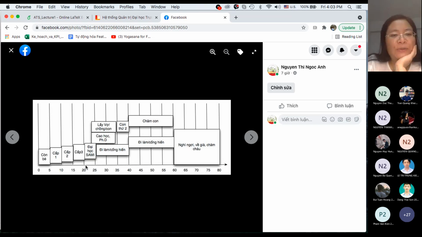And from 18 to 23, 24, 25, you still study in our university. Maybe some students can go on to postgraduate study, such as master or PhD.